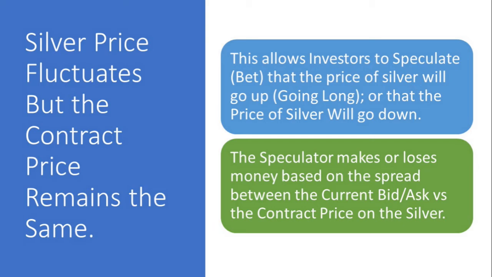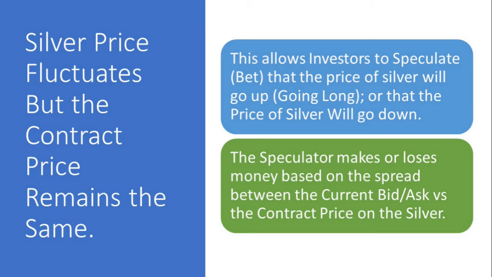What this does is allow investors to speculate or bet that the price of silver will go up, also known as going long, or that the price of silver will go down, which is going short. The speculator makes or loses money based on the spread between the current bid-ask versus the contract price. So if spot price goes up and I'm going long on a contract, I make money. If it goes down, I lose money.